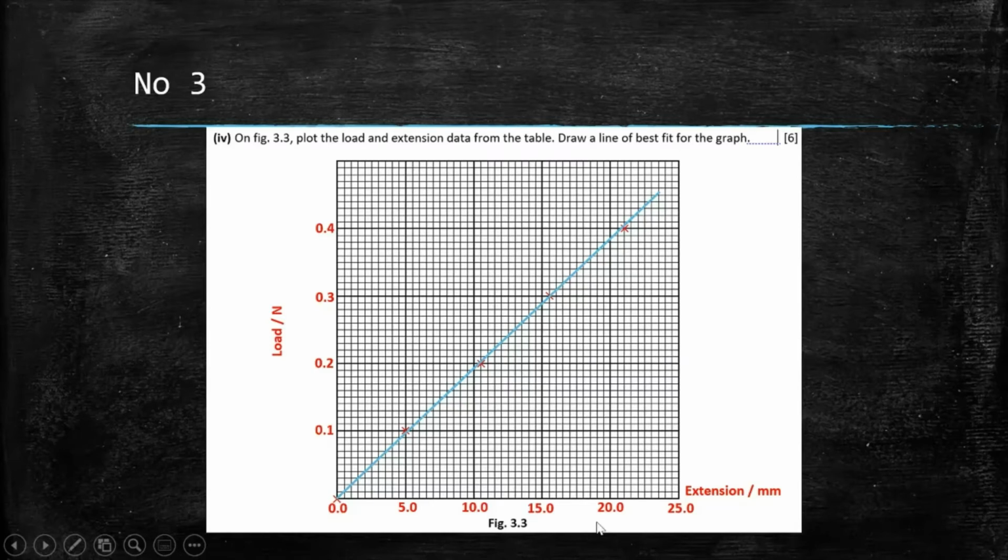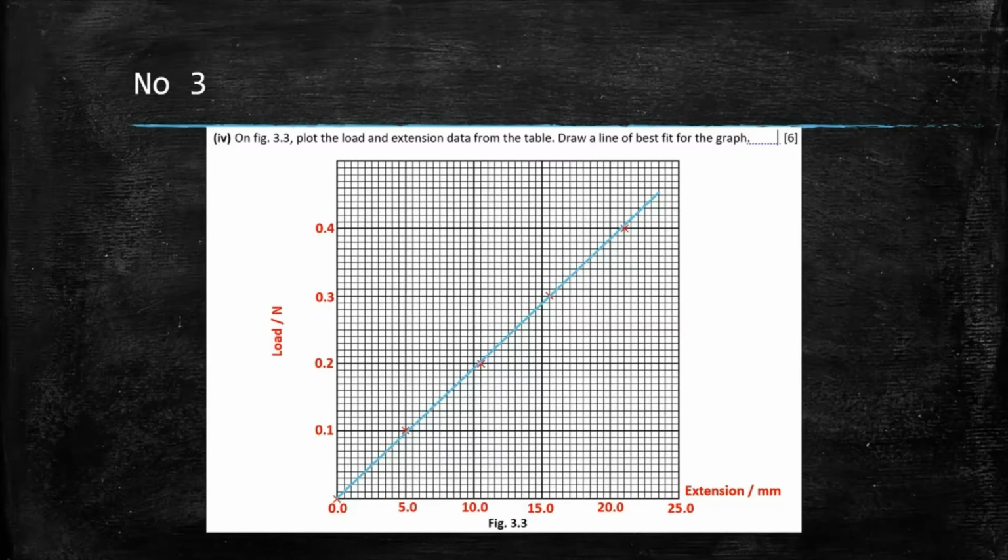The load now is on the y-axis, the extension is on the x-axis, so the spring constant now equals rise over run. So, be careful.